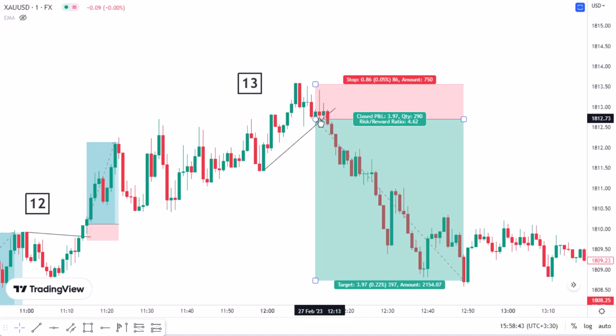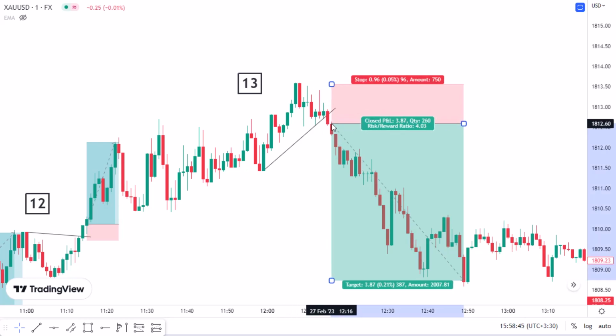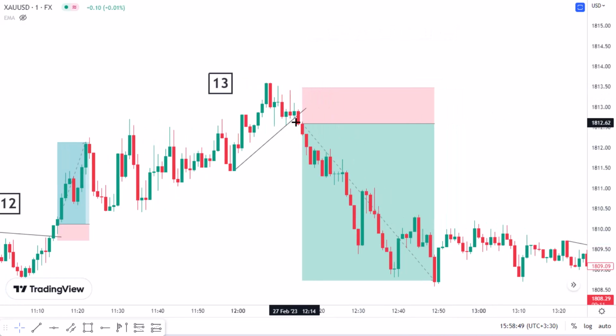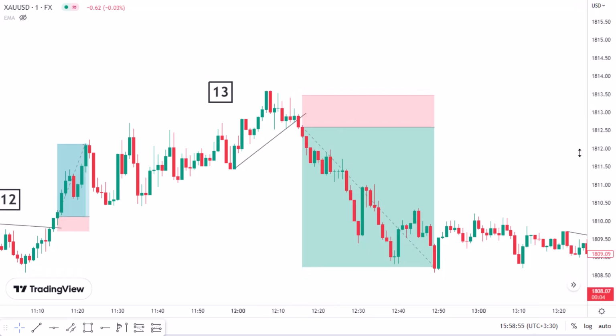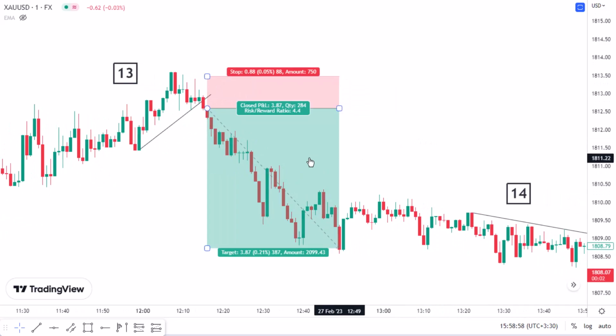We should just draw that from there. Okay, no problem. We draw it, it breaks it here, we enter the sell position, and put our stop loss here or even here. It depends on your risk management.